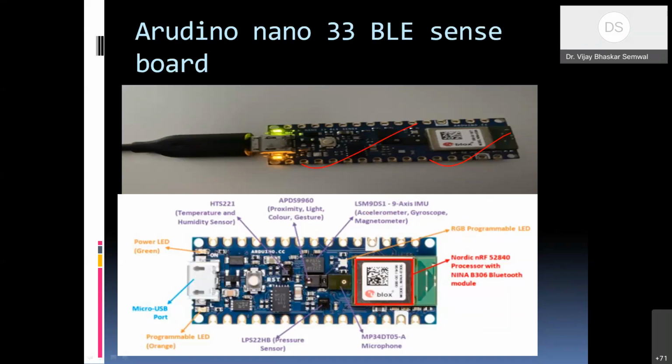The first sensor is the LSM9DS1, a nine-axis IMU sensor: a 3-axis accelerometer, a 3-axis gyroscope, and a 3-axis magnetometer. I'm interested in only this one.